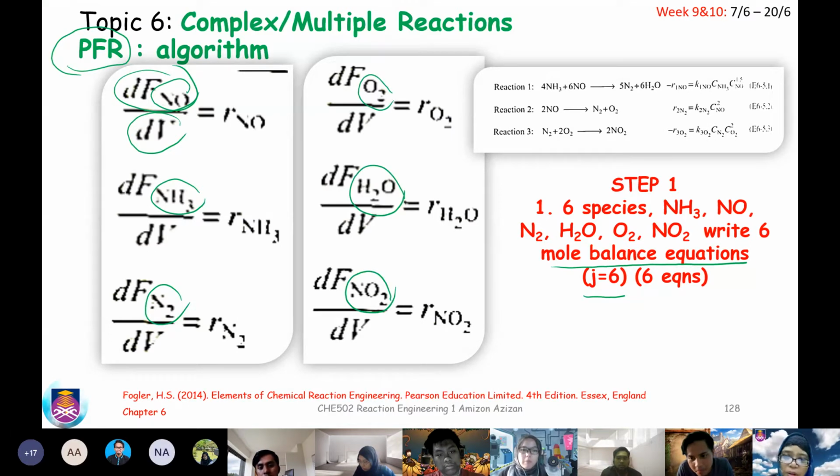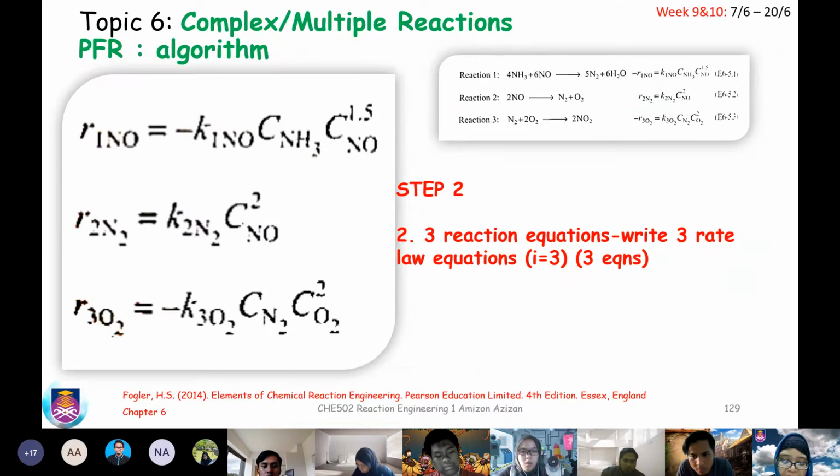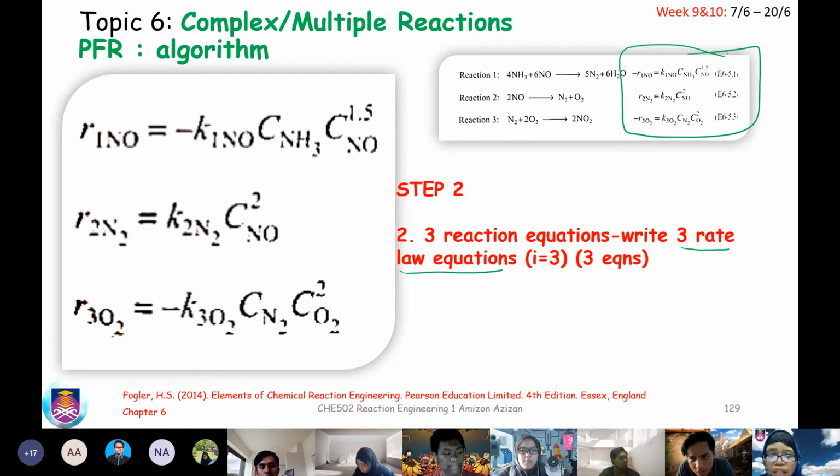All of them on the right-hand side are equivalent to the rate of formation for that particular species. So that is step number 1. Step number 2, writing the rate law equation. Of course, you have written all that already: number 1, number 2, number 3.